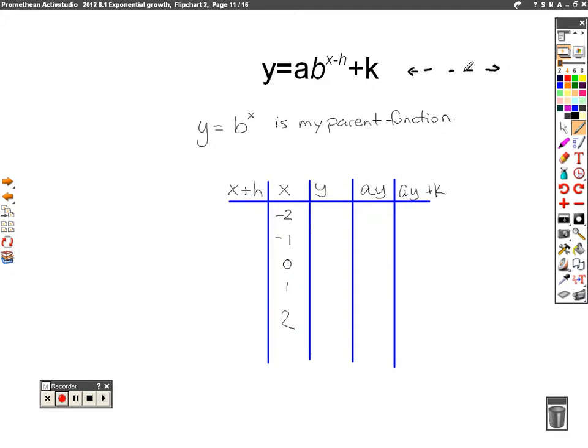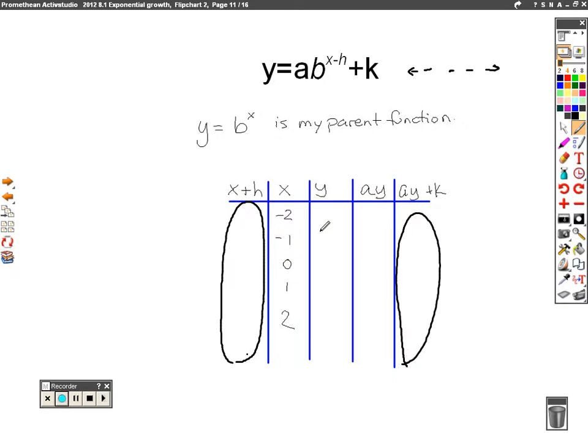It's also going to shift all of our points up or down. And our h is going to move us right or left. But remember, we need to do the opposite. So here, x minus h, so here we're doing x plus h. And then these are the values that we're going to be graphing. All right, so let's go ahead and find how to find the y values here.